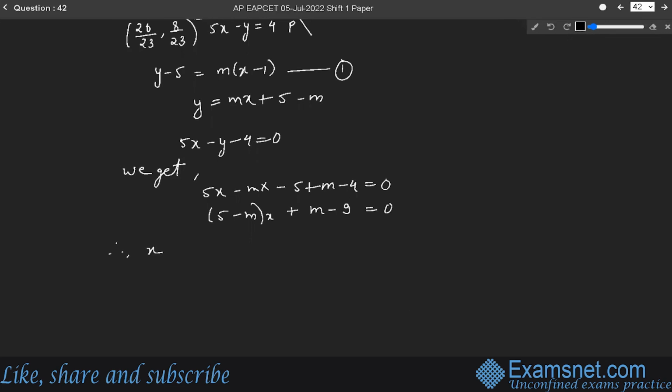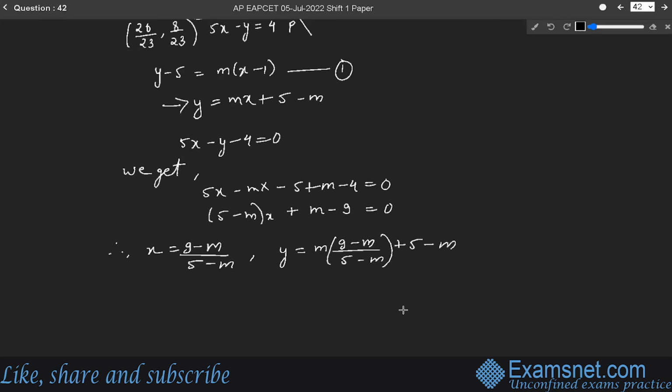Therefore, x will be equal to 9 minus m upon 5 minus m, and y will be equal to m into 9 minus m upon 5 minus m plus 5 minus m.